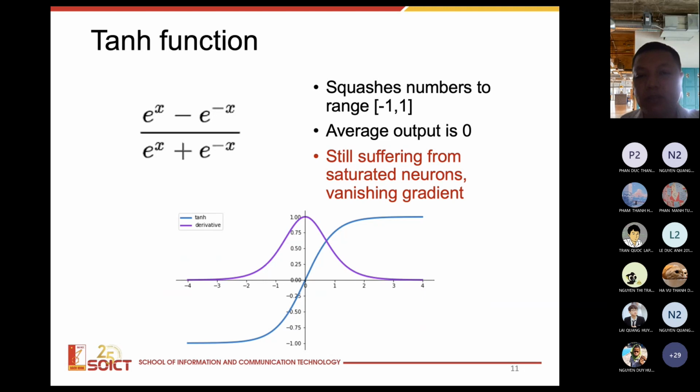Because the output is from -1 to 1, the average output is 0, but it still suffers from saturated neurons, and that's the problem of vanishing gradient. So if the input is very big, or very small, negative small, then you get the vanishing gradient problem.